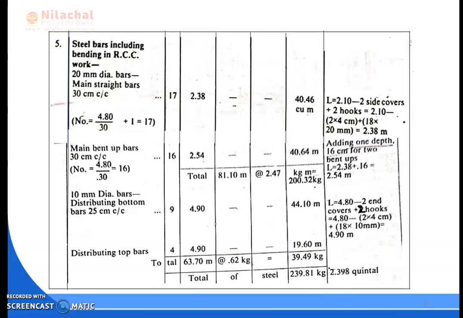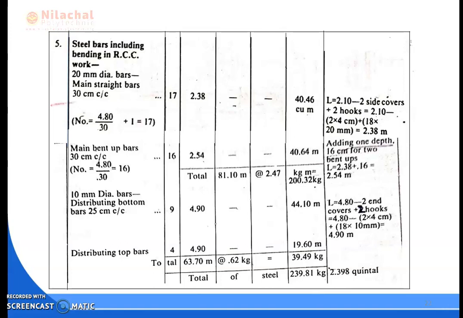Normally hooks are 9d. What do you mean by 9d? 9d means 9 times the diameter of the bar. Whatever diameter we use for the bar, the hook is considered 9 times the diameter of the bar. Okay. After that we can define the length.